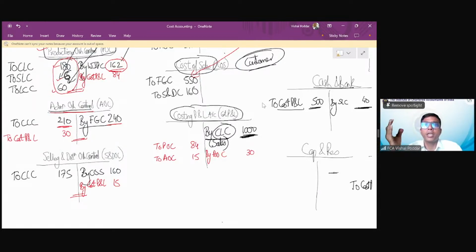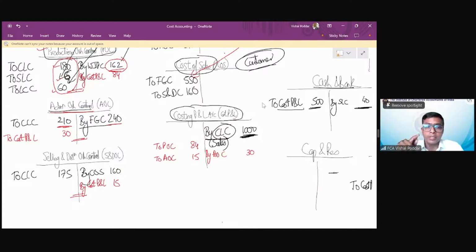It was representing prepaid. Other way around, if there is an opening credit balance, it represents that there was some outstanding expense. So had there been an opening balance which represents prepaid or outstanding, similarly, there can be a closing balance representing prepaid or outstanding. So if it is given in the question that this much is prepaid or outstanding at the end, you have to show it as closing balance.